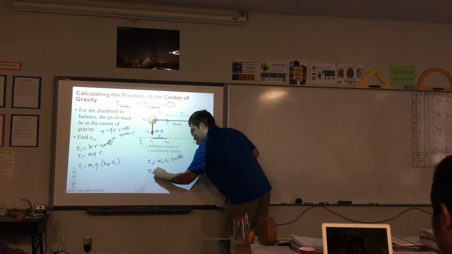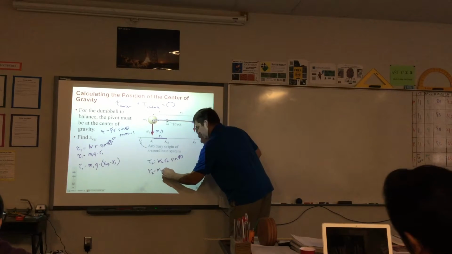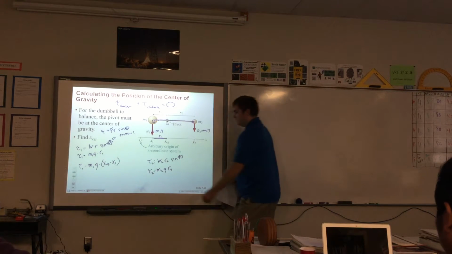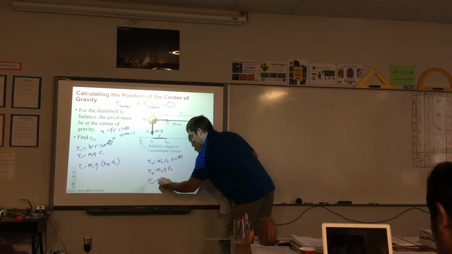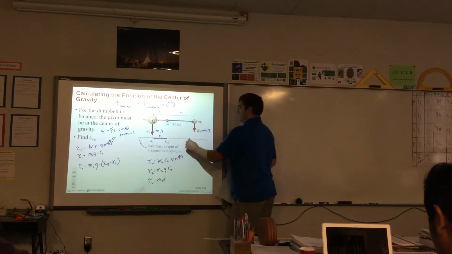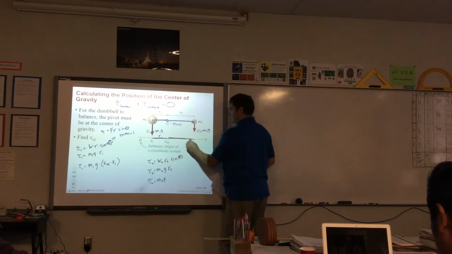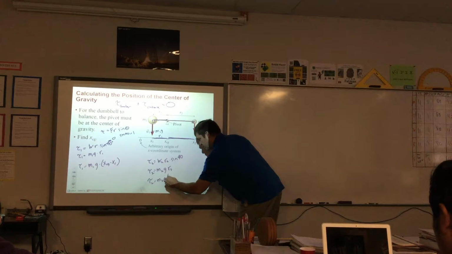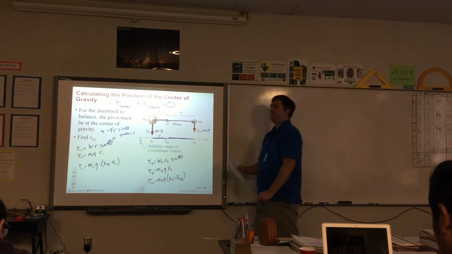So torque 2 is mass 2 times G times R2, and the sine of 90 is 1. R2 right here is the distance between X2 and XCG, so we can say X2 minus XCG.